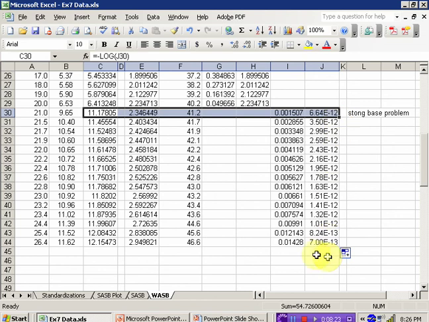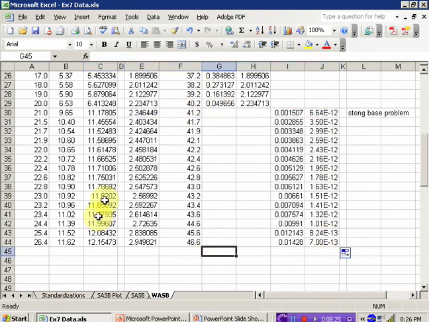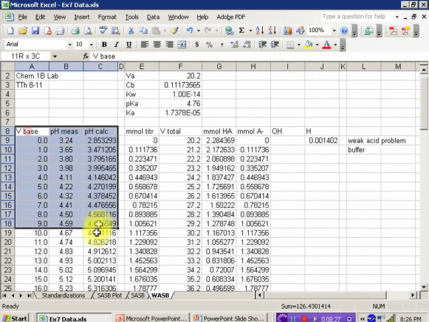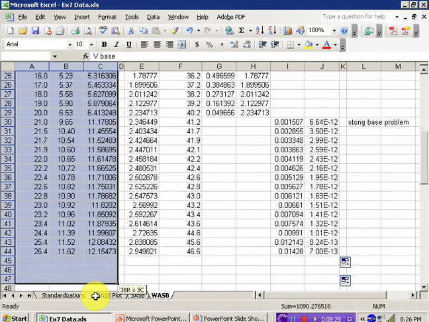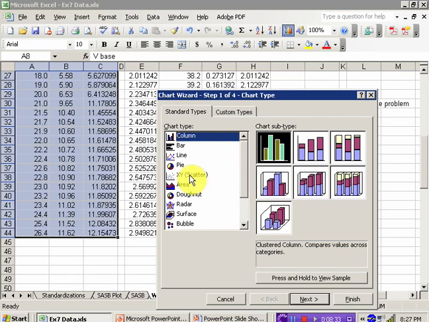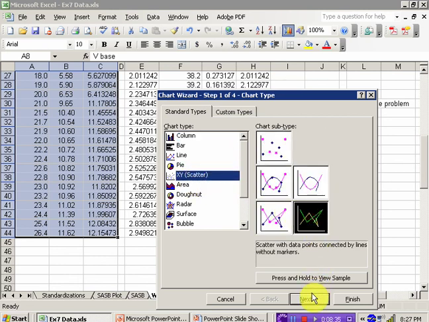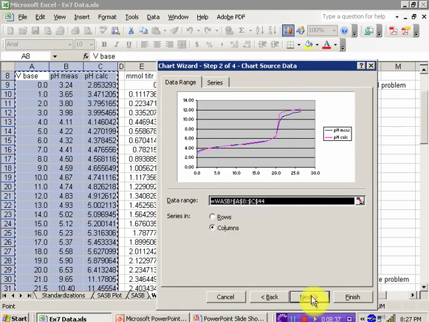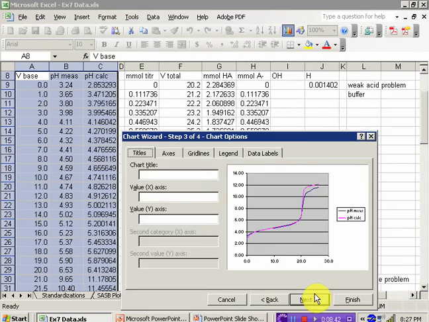And I'm just going to copy it down by selecting all the cells I want to copy, grabbing the handle, and dragging down. Let's go ahead and plot this data, see what we got. I'm going to select the data I want to display, Chart Wizard, XY scatter, don't use the smoothed curves. That looks like my right data series.